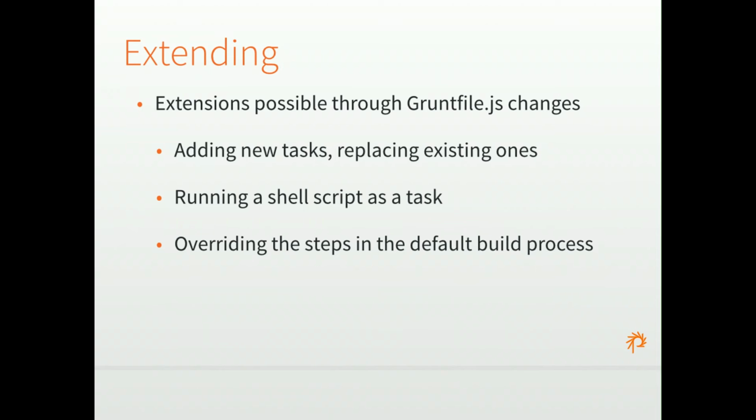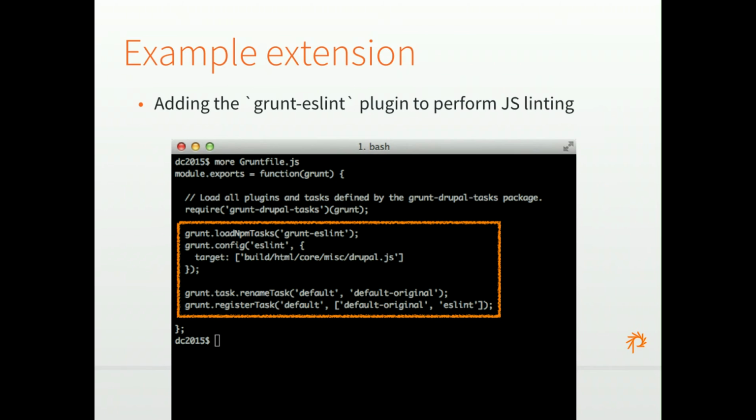You can also override the steps or the order of steps in the default build process. So, an example of an extension: let's say we wanted to add the ESLint plugin to perform JavaScript linting. We could set up a pretty small gruntfile.